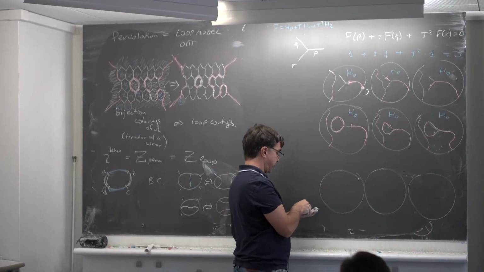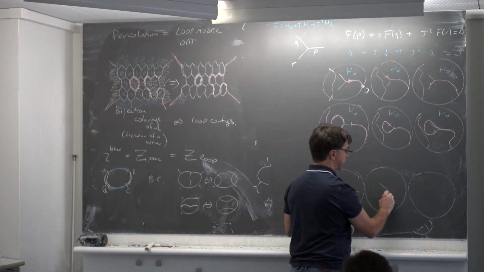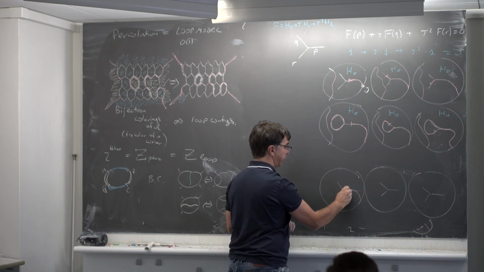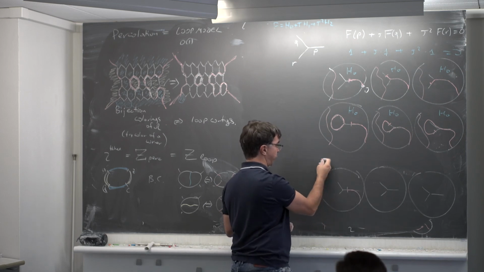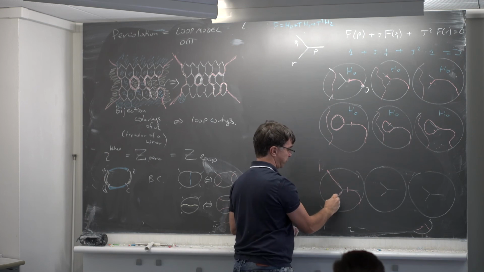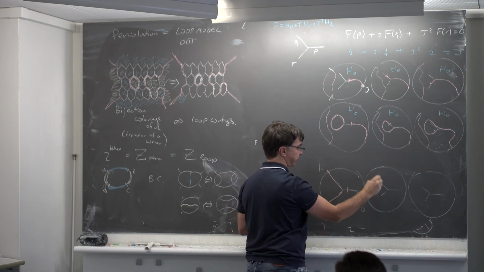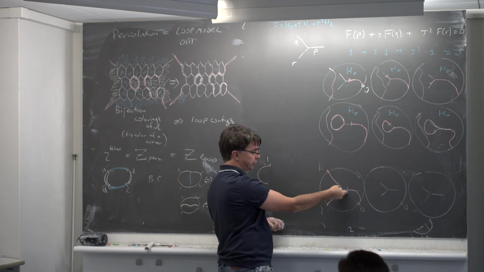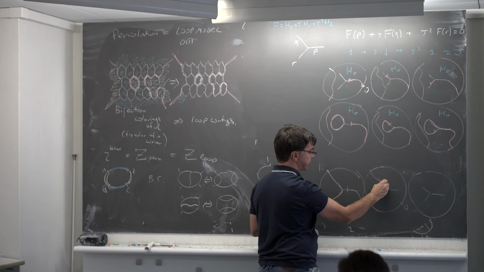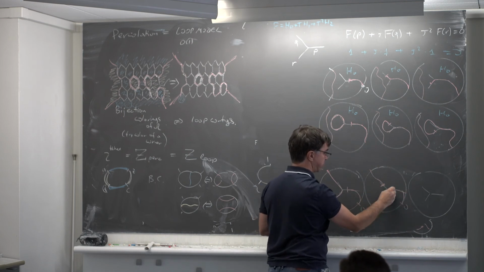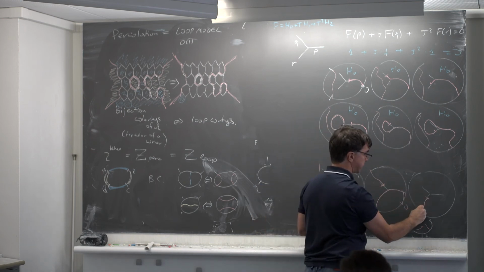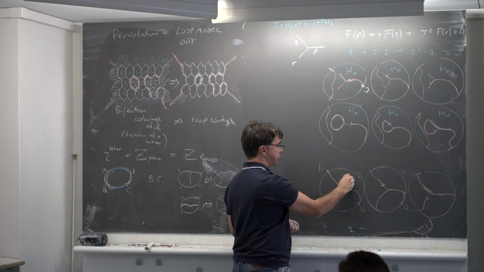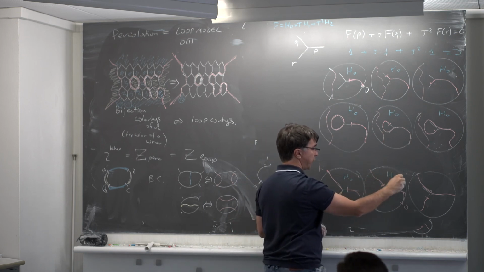But there is a more complicated picture: we arrive at this point, and here there is a connection between points 1 and 2. So we have a picture like that. We can do the same train track game, changing train tracks here, but what we get is that these three contributions would be to h0, h1 and h2.